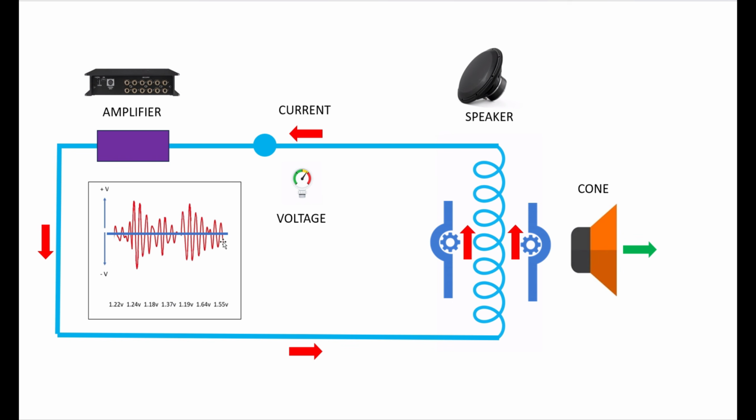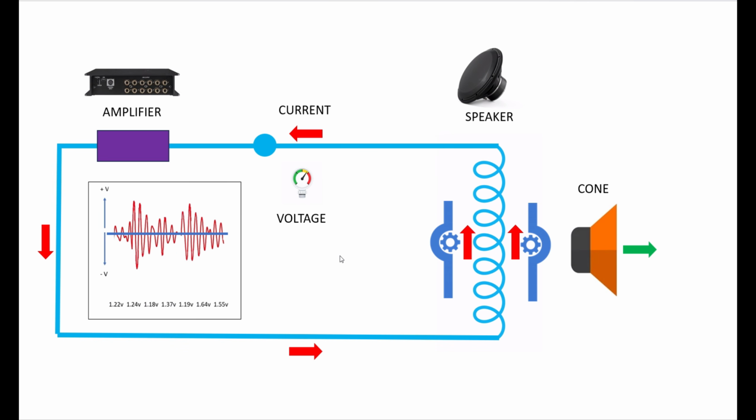So it's almost like a record, right? You can have a very small positive voltage and then a negative voltage, small positive, small negative, a large positive voltage and a large negative voltage, right? And that's what the amplifier is sending down the speaker wires as an audio signal.